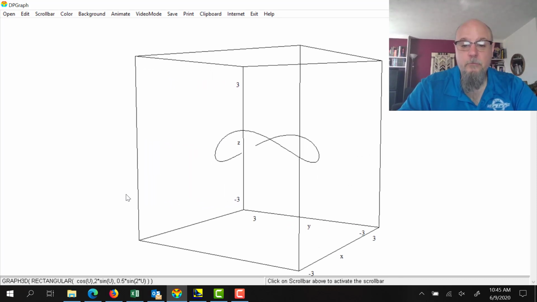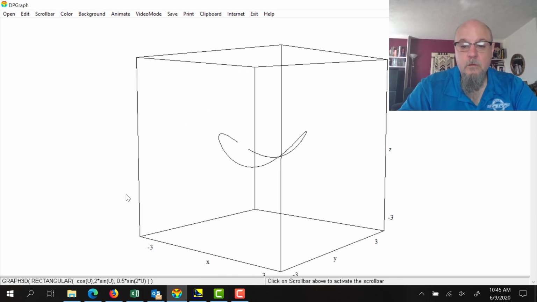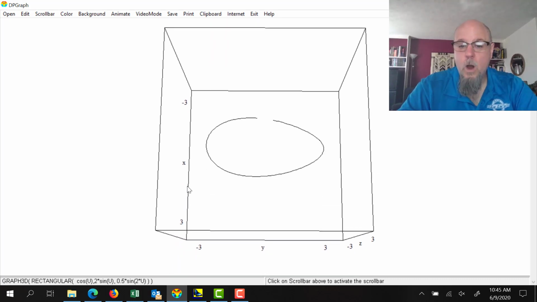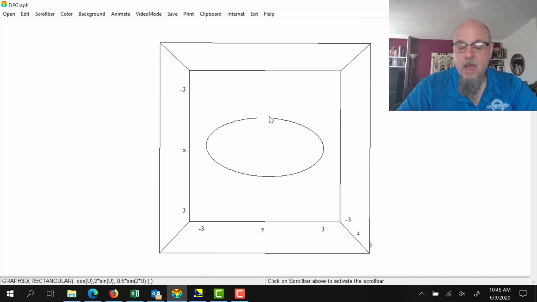But notice in the z, which is up here, that it goes through 2 oscillations. In the z, there's 2 highs and 2 lows. In the y, or the x, there's only 1 high and 1 low.